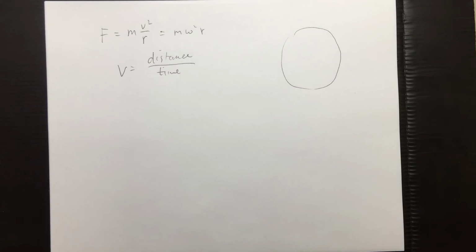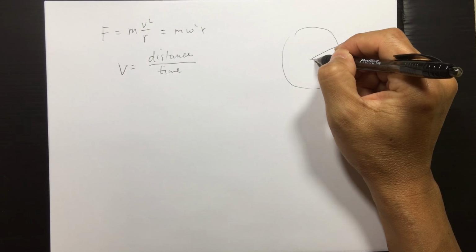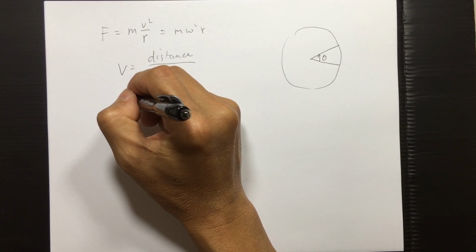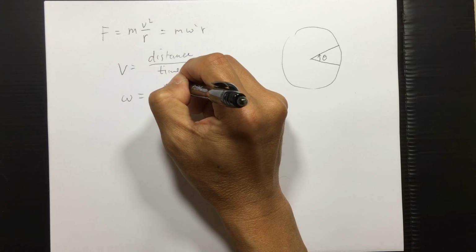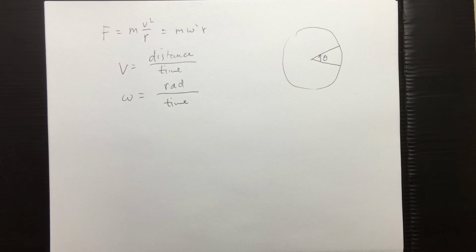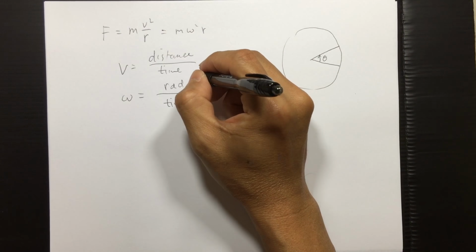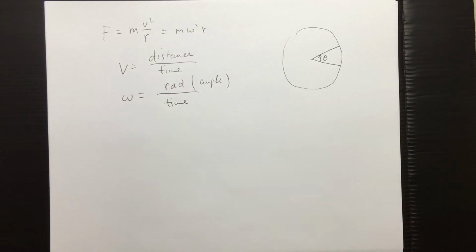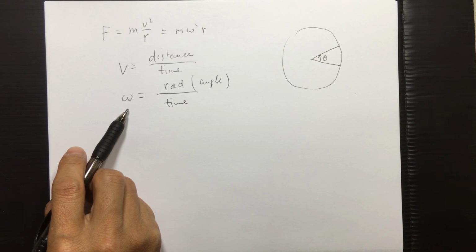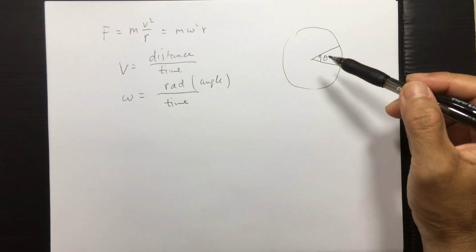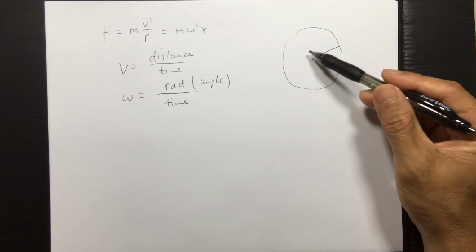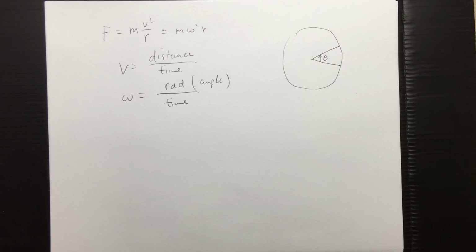But when you do a circular motion, aren't you interested in how much angle it went through? Radian, but this is actually angle per time. So this corresponds to a speed concept. Because you don't really care about R, and you don't really care about the V then. You just care about how much angle it went through.